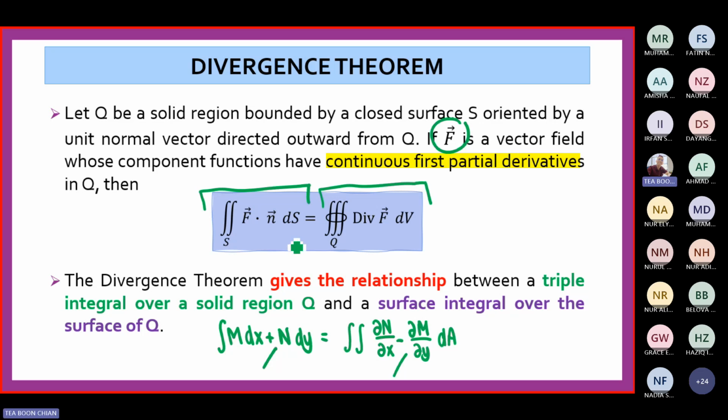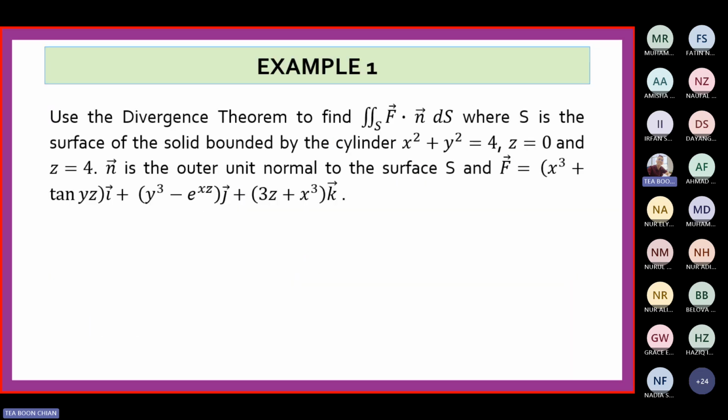Don't get confused with my words. Later, when you do the practices inside the lecture notes, you will notice that if you evaluate the left-hand side and right-hand side individually, you may get different values. Don't be surprised. The divergence theorem is not always true.